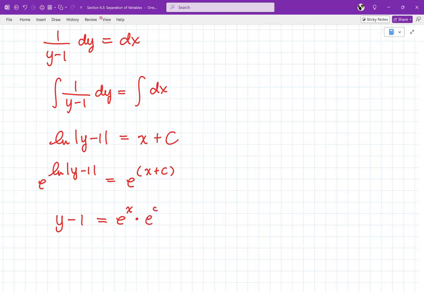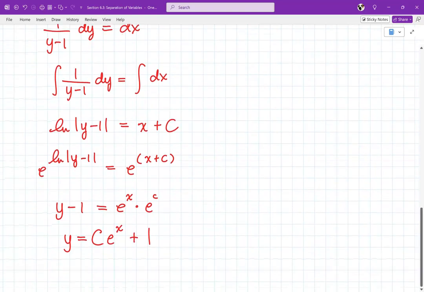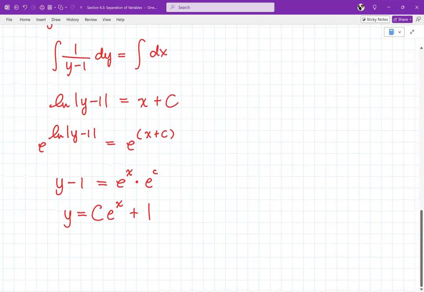And let me just clean this up a little bit. Y is equal to c e to the x plus 1. Because, again, it's e to the x times e to the c. E to the c is a constant. So it's a constant times e to the x. And then I'm moving the negative 1 over to the right side. So that's going to give me a plus 1.